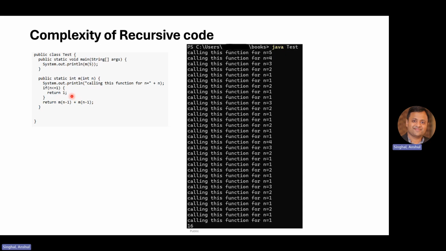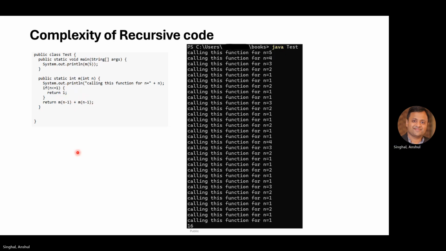First of all, a recursive call is when a function calls itself. You can see here that in the logic, it calls itself with a value less than n. Initially I call it with n, and then in this logic it calls itself with n minus 1.